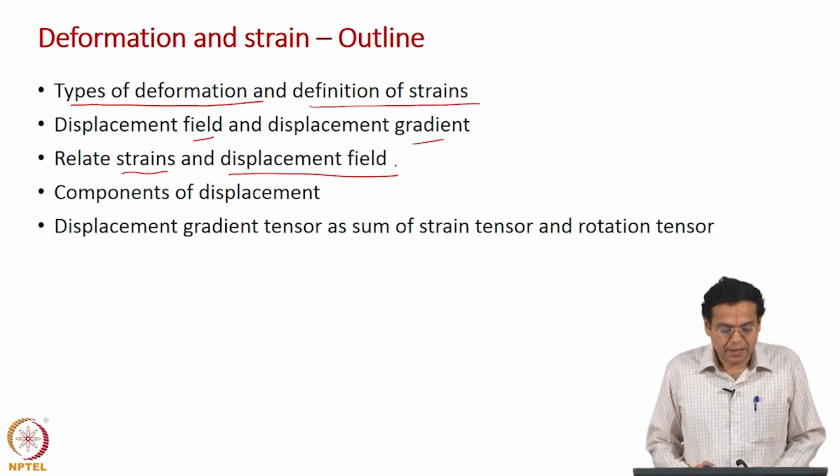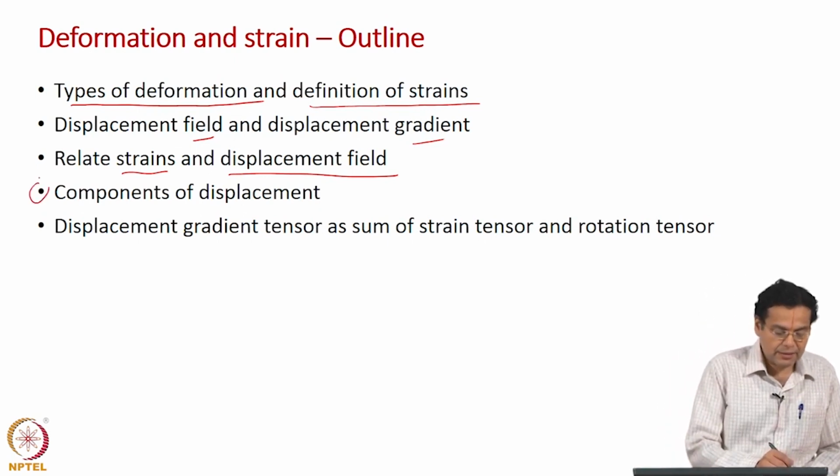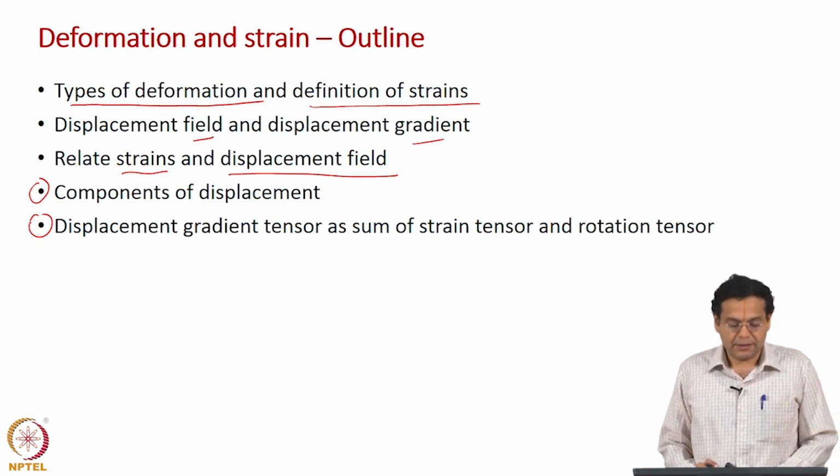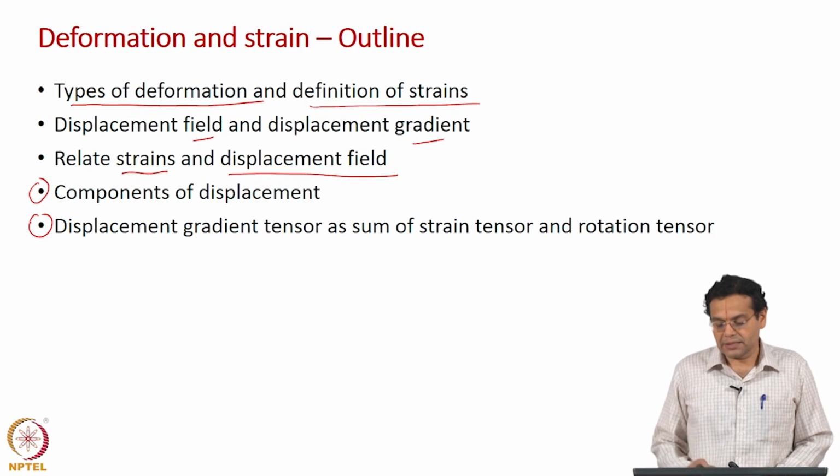Now we are going to look at the last two bullets, namely components of displacement, and as a result of that we will show that the displacement gradient tensor is the sum of two other tensors, namely the strain tensor and the rotation tensor.